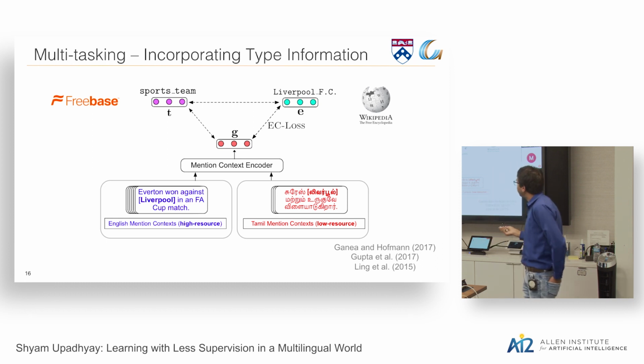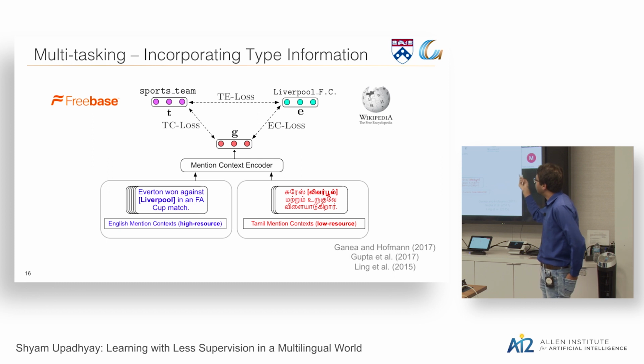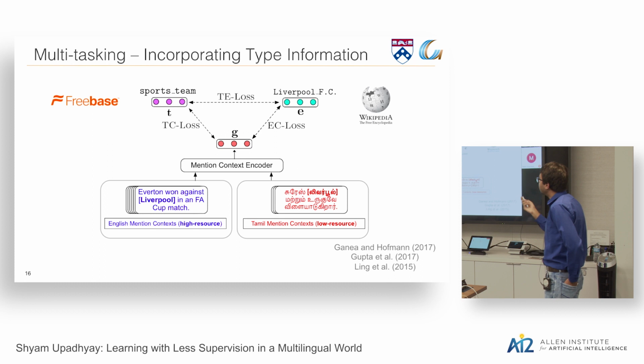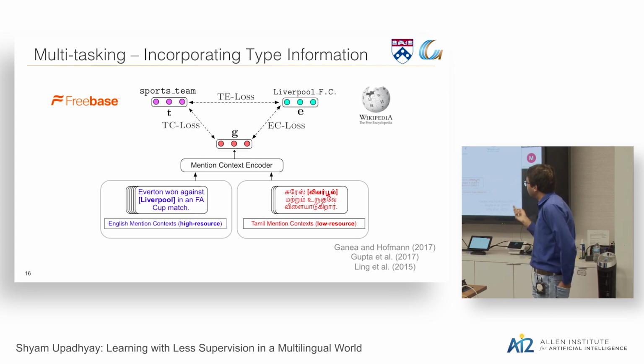And again, for both of these tasks, we can define appropriate loss terms. So the TE loss is the loss for the problem of predicting the type given the entity, and likewise TC loss is predicting the type given the context. And at training time, we can simply optimize a linear combination of these three losses, and that's the model.